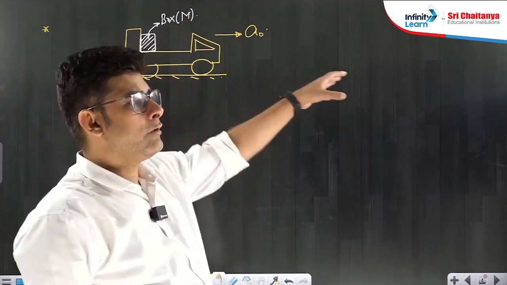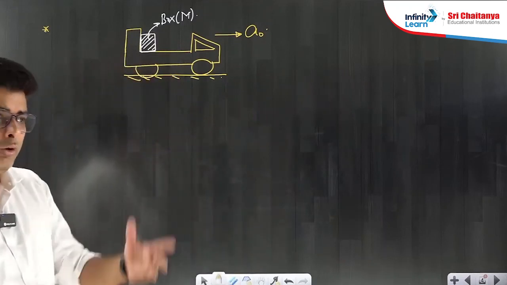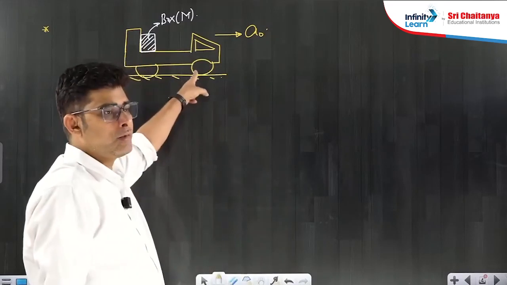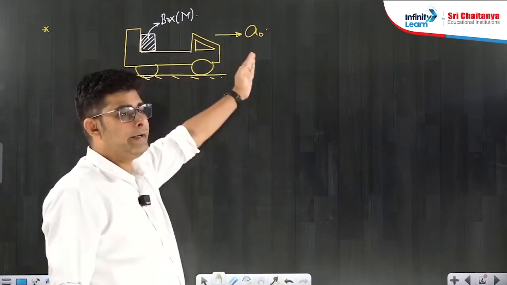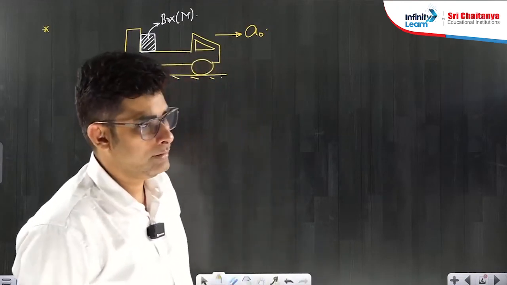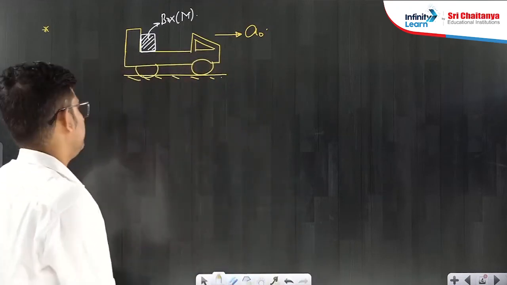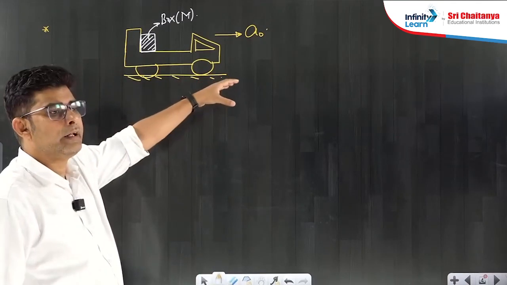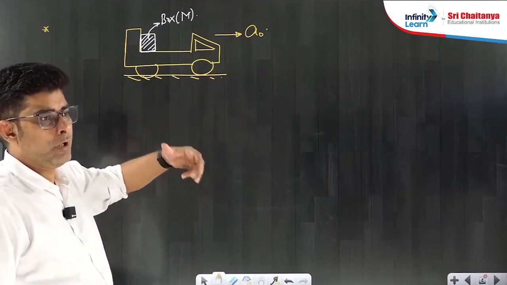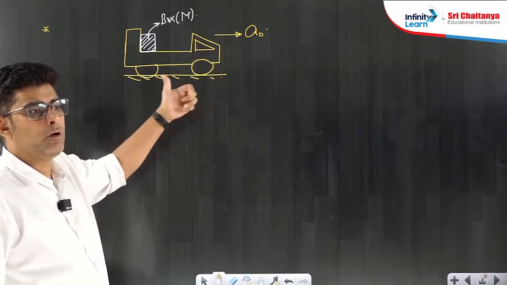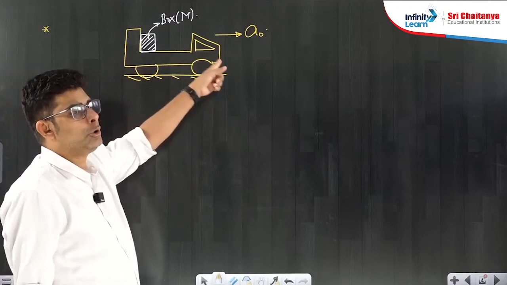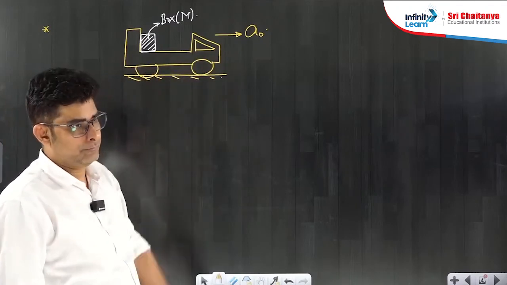Now as the truck will move forward, so you all know about inertia, so will this box slide to the right or will it try to move towards left? Tell fast. Obviously towards left, because it will try not to move, so it will go left, correct?